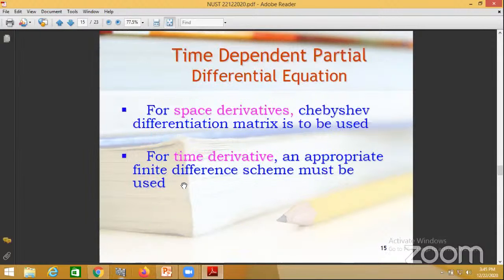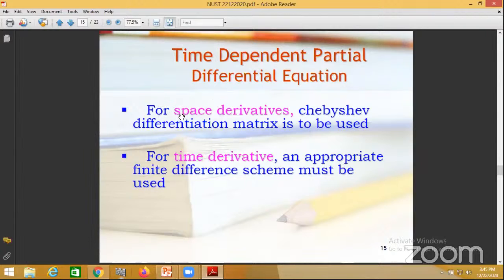So far we have seen that spectral methods are very good not only for linear boundary value problems but also for non-linear boundary value problems, comprising ordinary differential equations, and also for partial differential equations. In a similar way, if the problem is time dependent, we can use these methods as well.